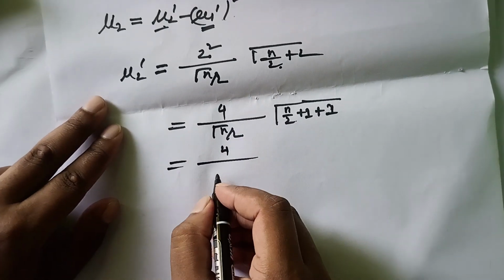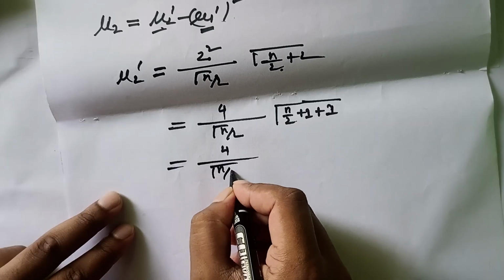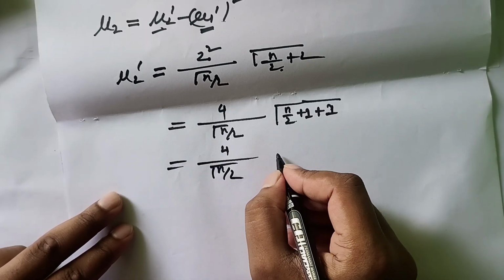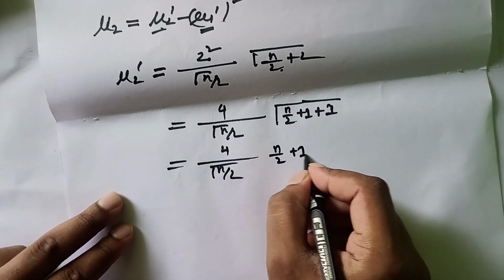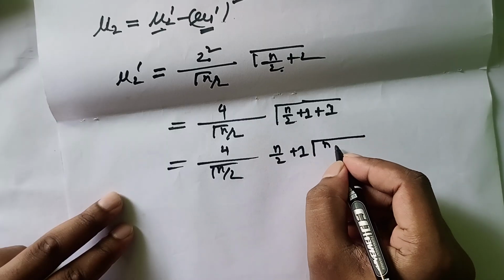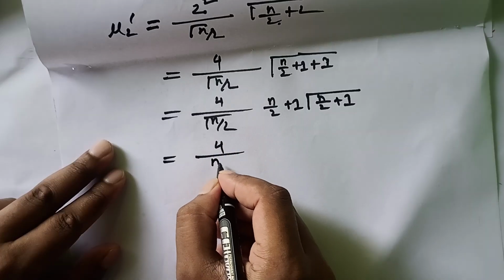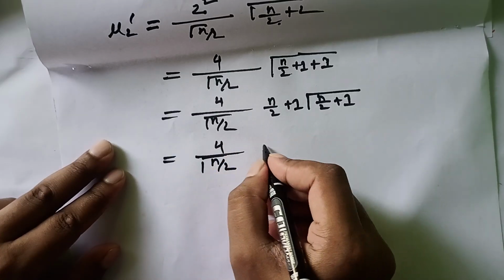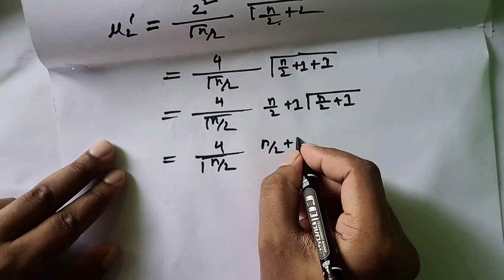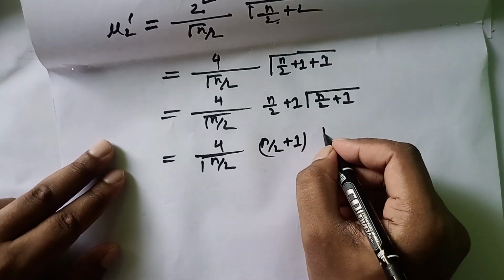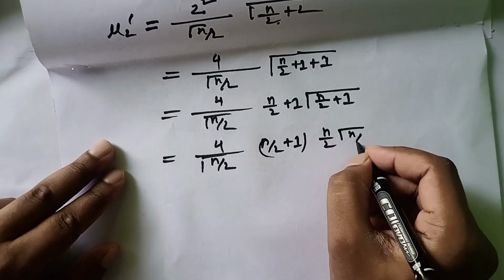So 4 gamma n by 2, you can write it like this: n by 2 plus 1 gamma n by 2 plus 1. So 4 n by 2, so again n by 2 plus 1, you can write this one: n by 2 n by 2.